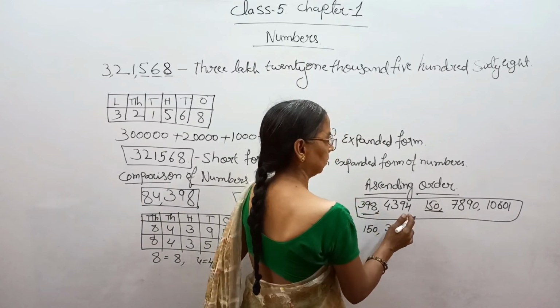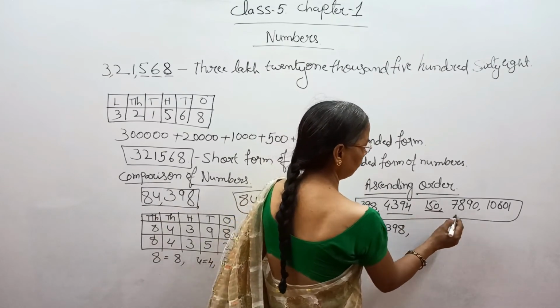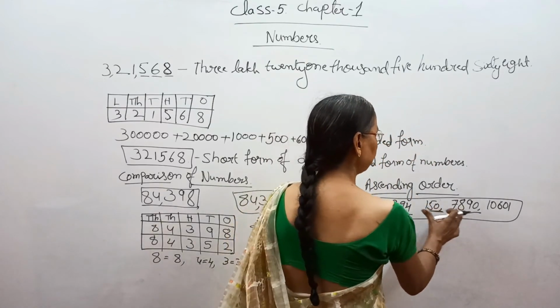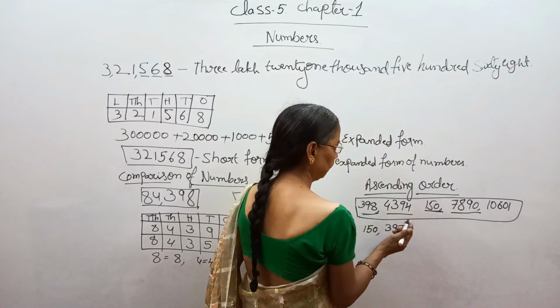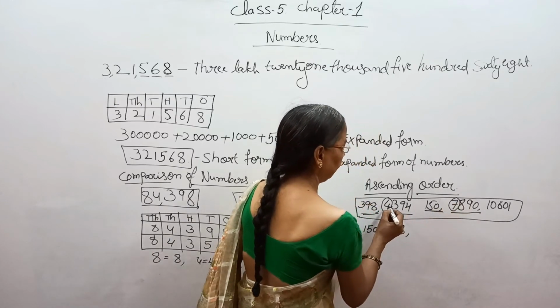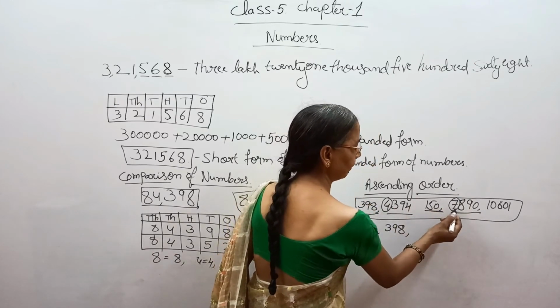Then we get the other numbers. It is 4 digit and it is also 4 digit. Then again we have to sort out which is the smaller. It is 4 and here it is 7. Which is the smaller, 4 or 7?